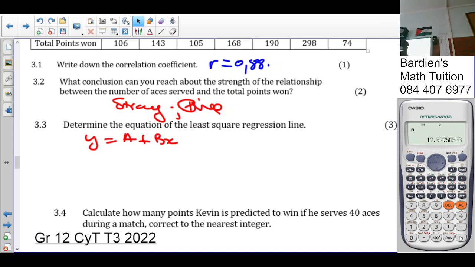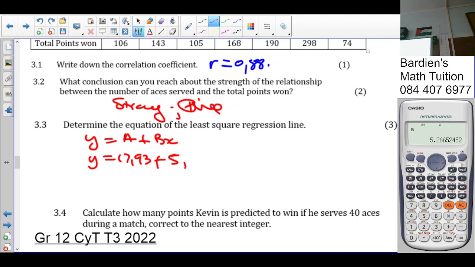So 17,93. So y is equal to 17,93. Then you press shift 1 regression, 5, 2 for B, which gives you 5,27. 5,27 x.